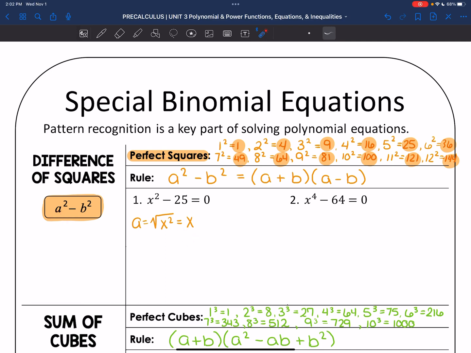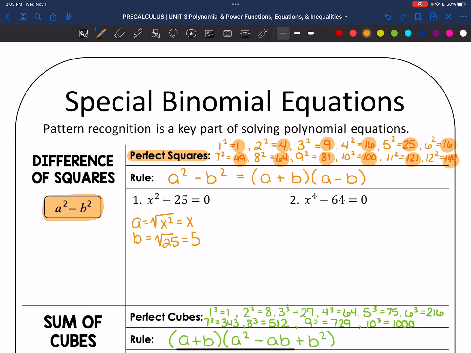So we have just found our a. Now let's also take a minute to find our b value. The b is the second quantity that has been squared. So in our case, we're asking ourselves, well, what squared is 25? Or the square root of 25 is 5. So we've got our a and we've got our b value.